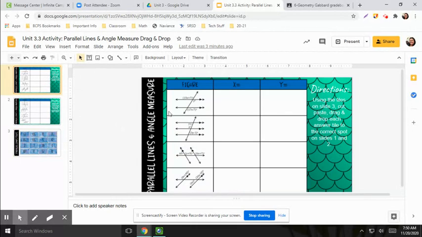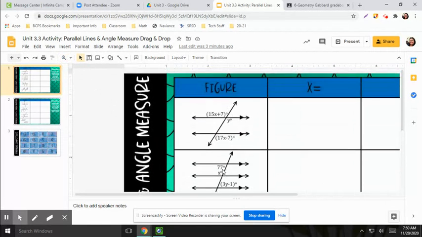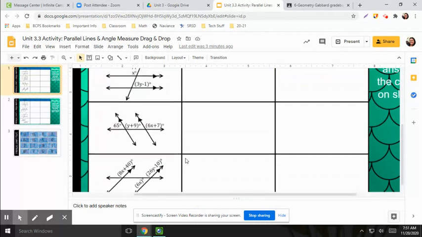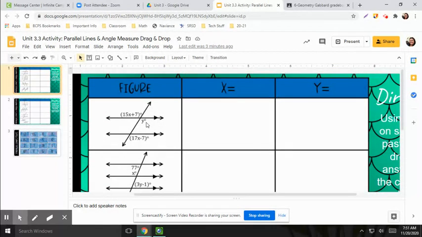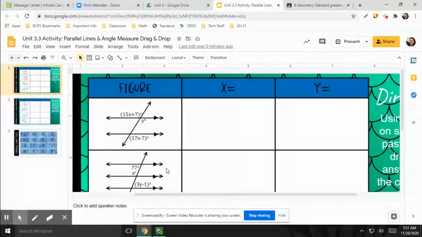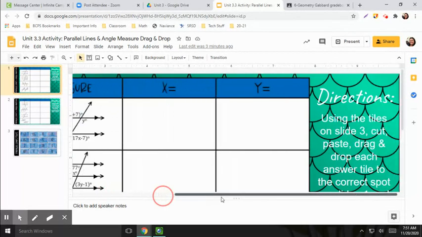So let's zoom in a smidge. We have different figures with expressions. Some have measures, so we're just going to have to take it step by step. We are going to use our information here to solve for x and y.